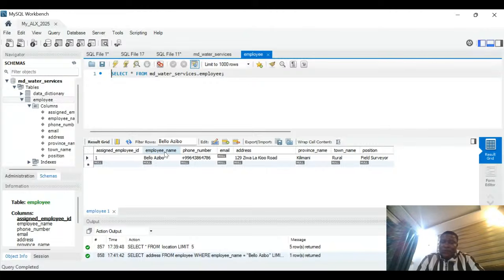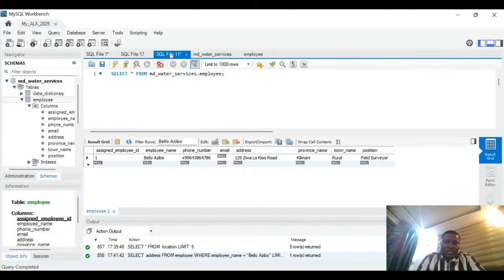When we are asking for name, it means that we can always come to the employee table. Then what again did the question say? Phone number. We can also see phone number over here as one of the columns. If you go to the columns here, you can see that name and phone number are two of the columns that can be found under employee.